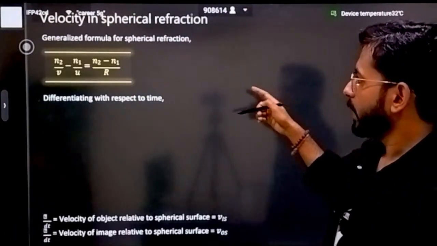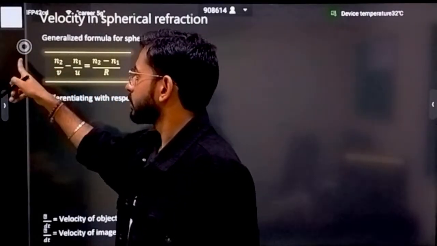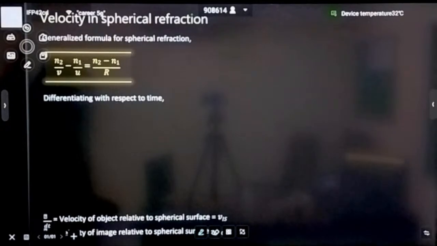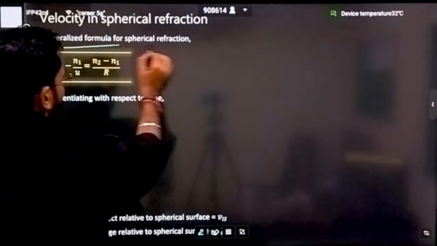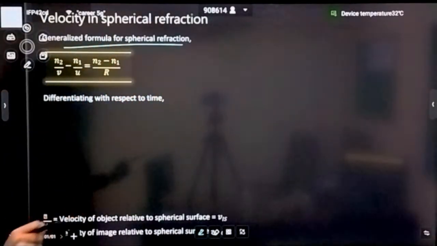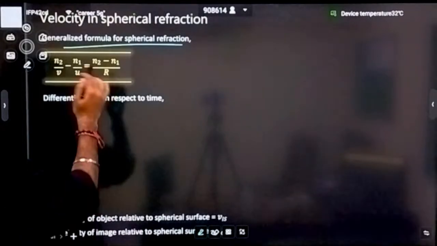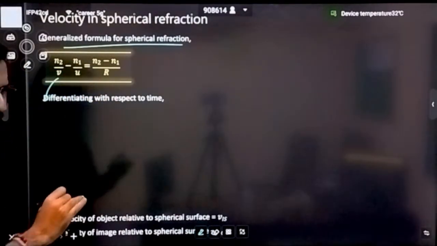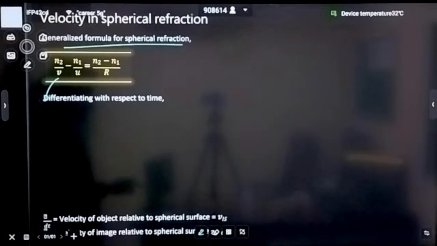Very good. Let's suppose you have to calculate the velocity. How will you be calculating? This is the position of image. For calculating velocity, what you can do is differentiate this equation. Let's see what result comes. That is going to give us velocity.